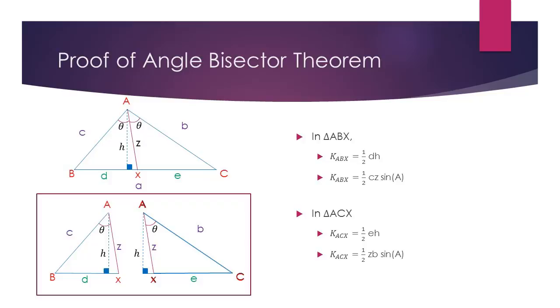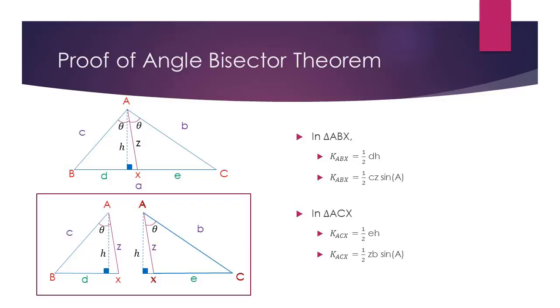So now for triangle ABX, you get 1/2 times d times the height, since we've drawn the height from angle A. So now then, since we already derived another form of the area of the triangle, we're actually going to do that here for triangle ABX.